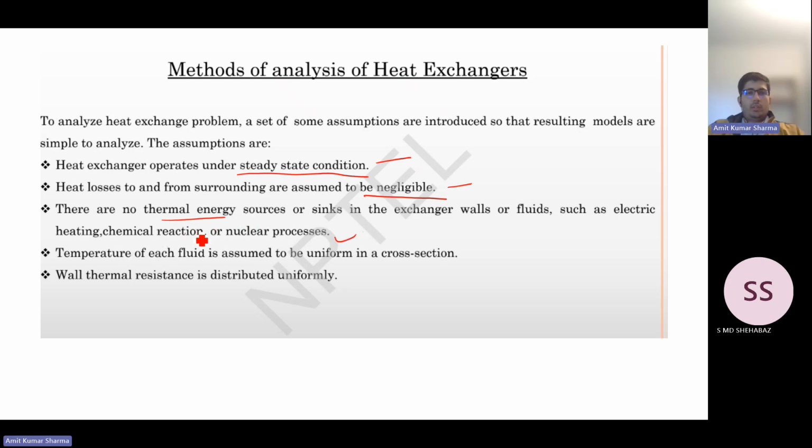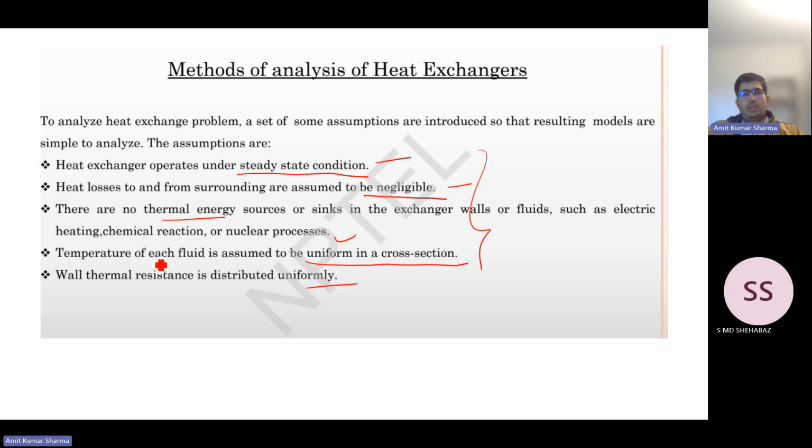Temperature of each fluid is assumed to be uniform. So we are also assuming uniform temperature in a cross section. Wall thermal resistance is distributed uniformly. So these are some important points which we need to consider. These are the important assumptions whenever we are trying to solve the heat exchanger analysis.